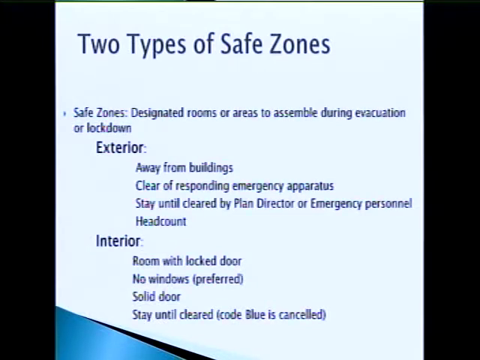Interior. The criteria is that it's supposed to be a room that's as safe as possible, and hopefully a room that doesn't have a glass door. I think we adjusted the library. Didn't we adjust that in the sorting room? No, we have the staff bathroom. Okay, so that's what you use for that. So every building obviously has its own, and that would be specified in the EAP plan for the respective building.